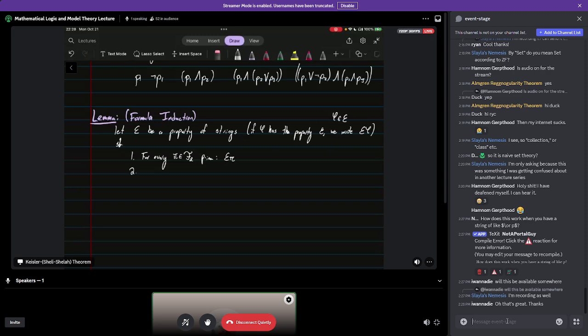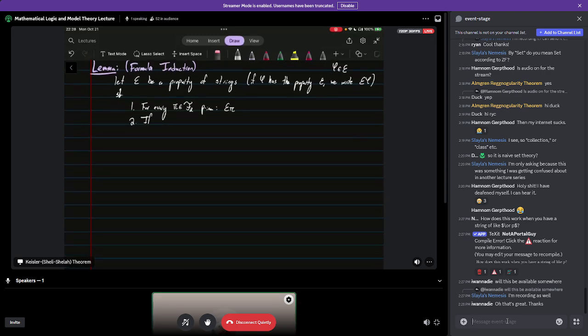And two, if phi 1 through phi n in FL also have this property, then E of S phi 1 through phi n. So I'm looking at S in L with arity n.